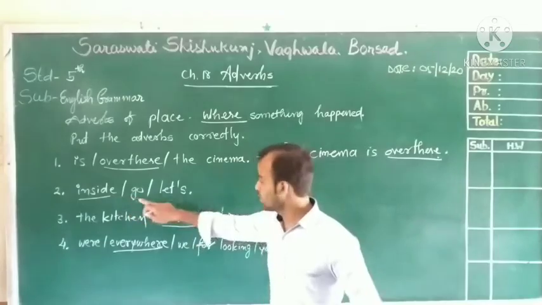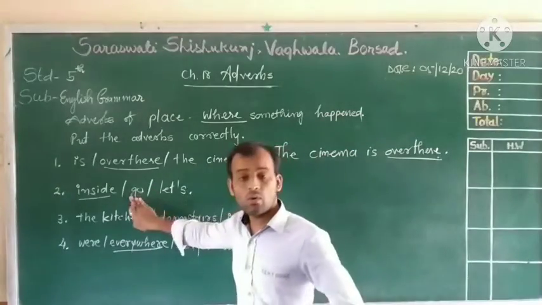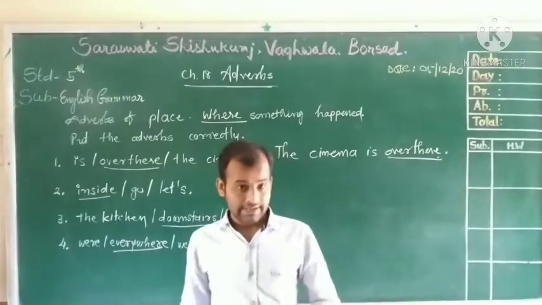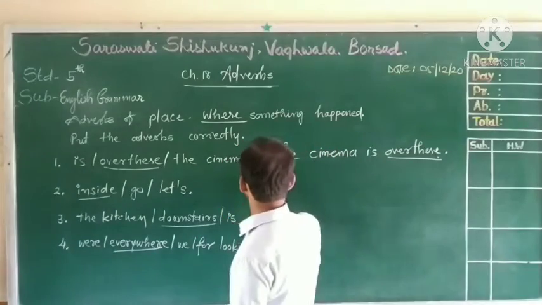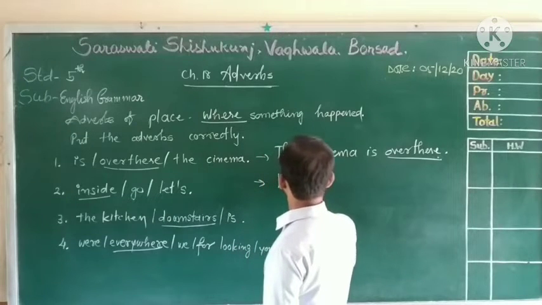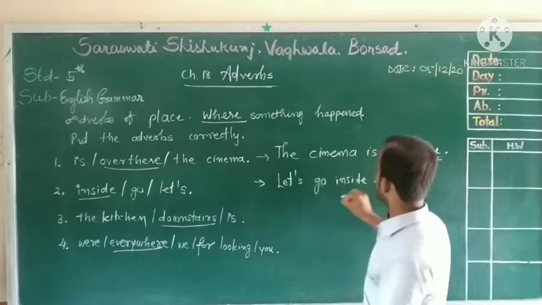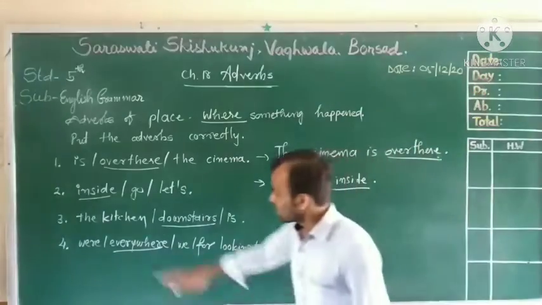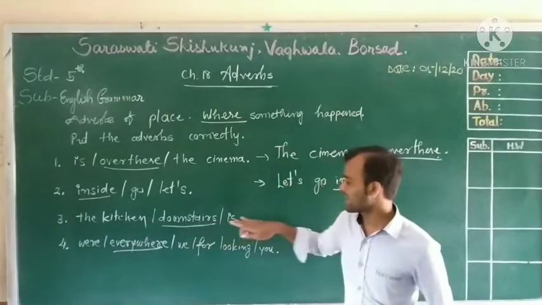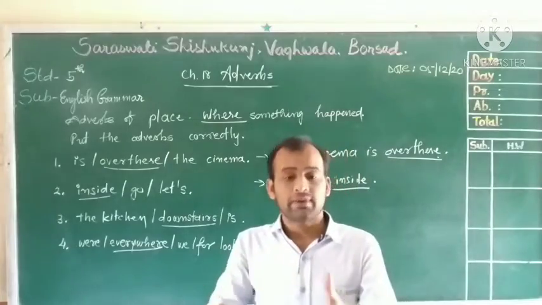Second, inside go let's. So what will you say? Let's go inside. So second answer is here. Let's go inside. So dear students, here inside it shows place. The kitchen downstairs is. Students, here the words are given in improper order.